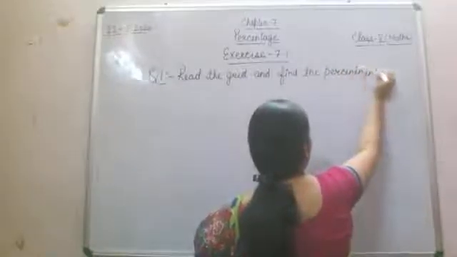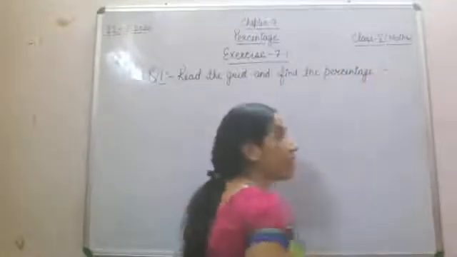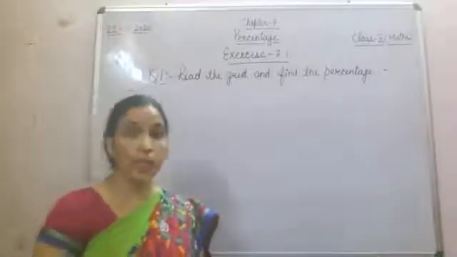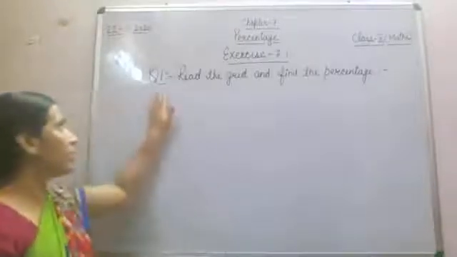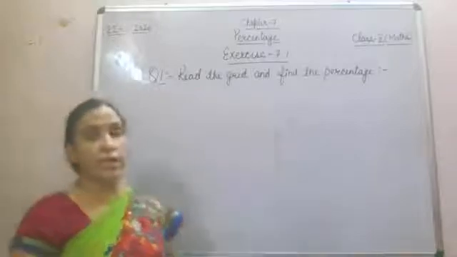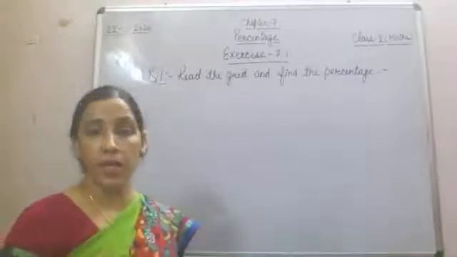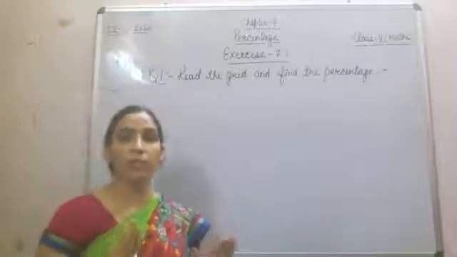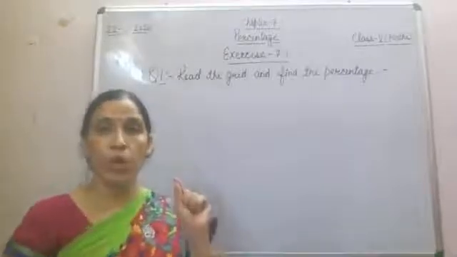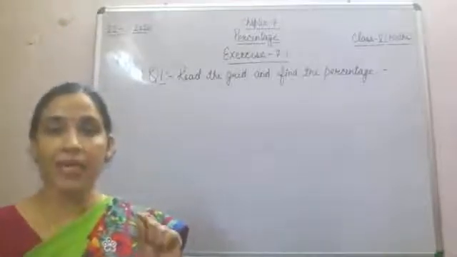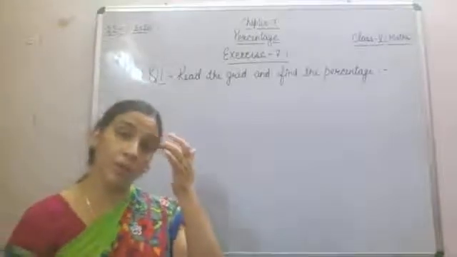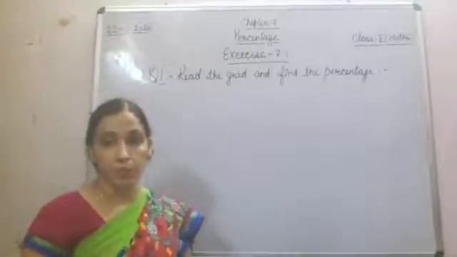This is your first question of exercise 7.1. Read the question once again. What is question number 1? Read the grid and find the percentage. Read the grid means some grid will be given to you. You have to see that grid and then you are supposed to find the percentage.